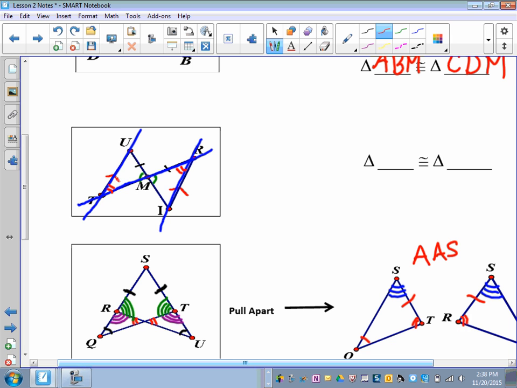If we use the other one as my transversal, then I have that these are alternate interior.